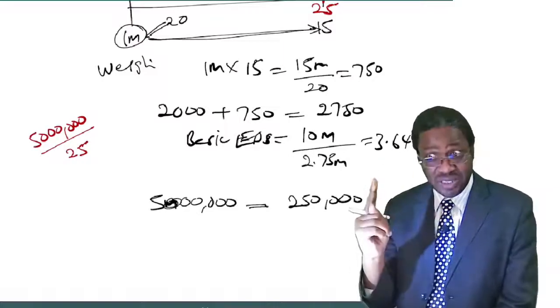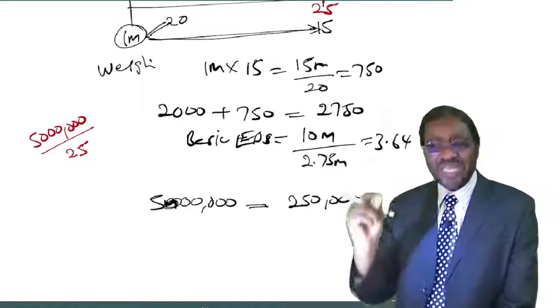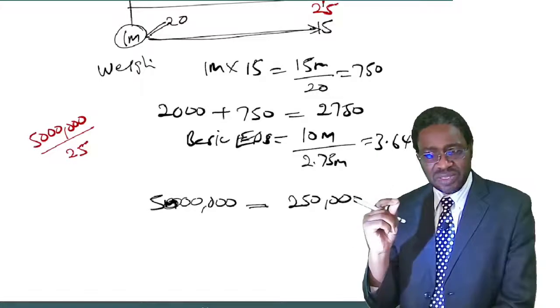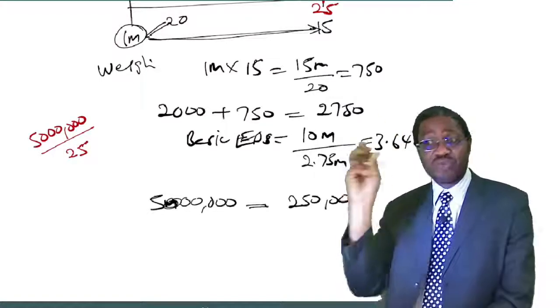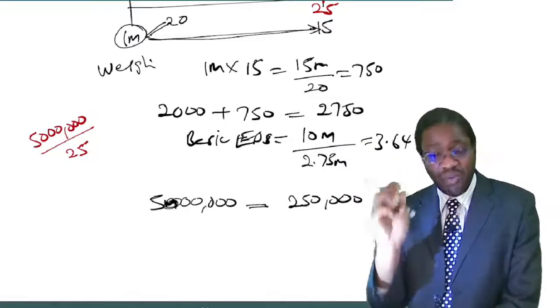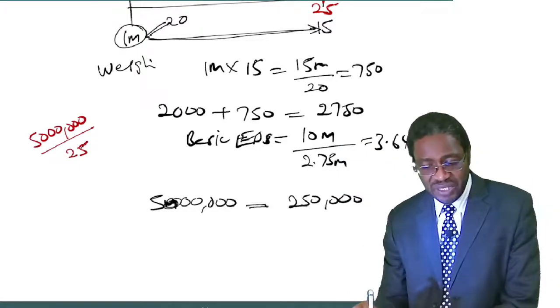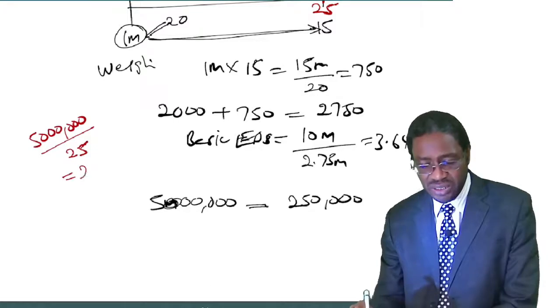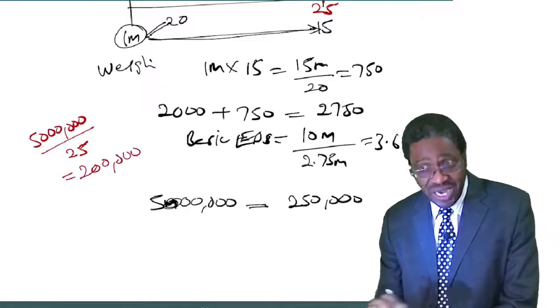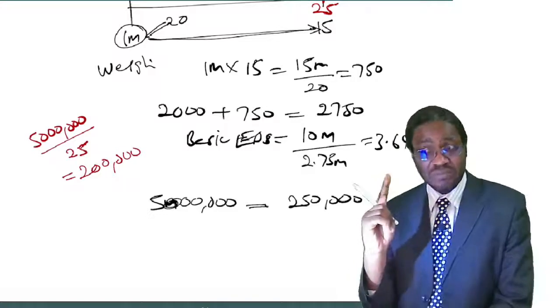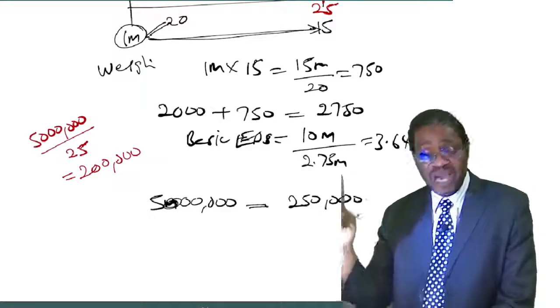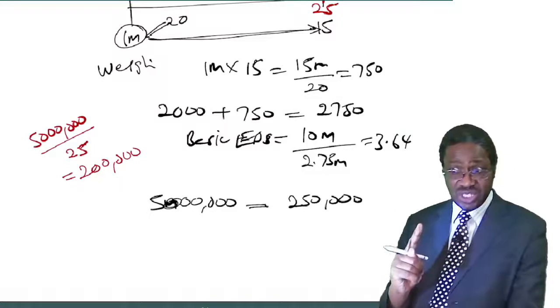If they took their 5 million and went to the stock market to buy the shares, they would buy one share at 25. So they can only buy 200,000 shares.